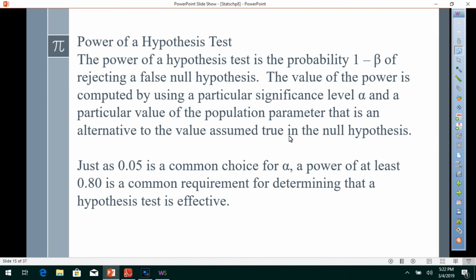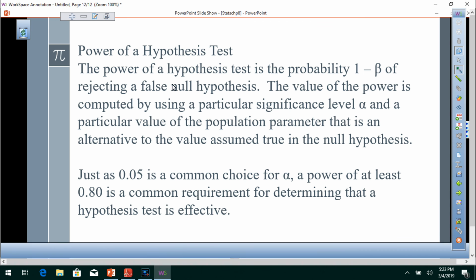Power of a hypothesis test, which is where I've been leading. The power of a hypothesis test is the probability, 1 minus beta, of rejecting a false null hypothesis. The value of the power is computed by using a particular significance level alpha and a particular value of the population parameter that is an alternative to the value assumed true in the null hypothesis.